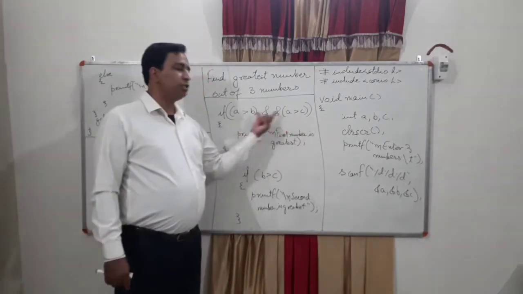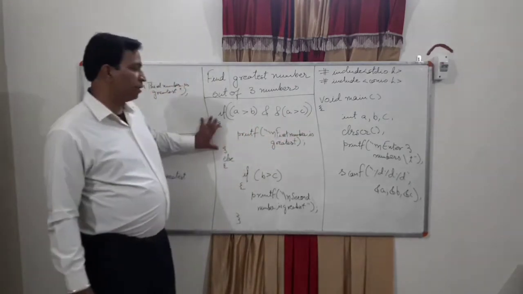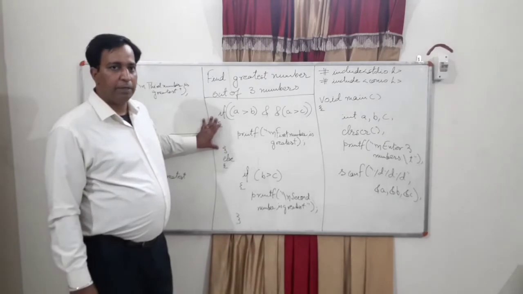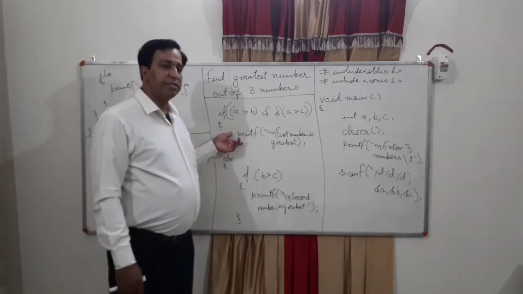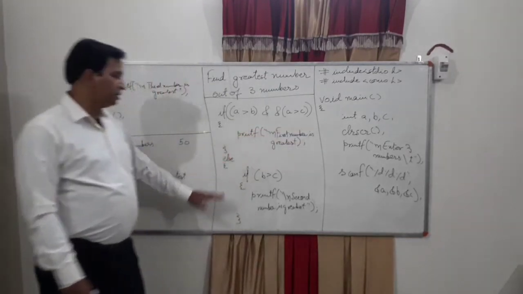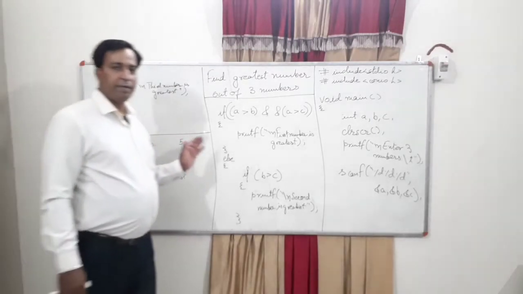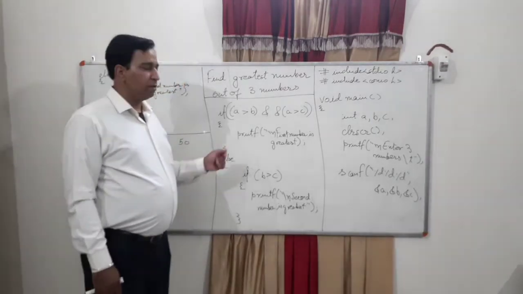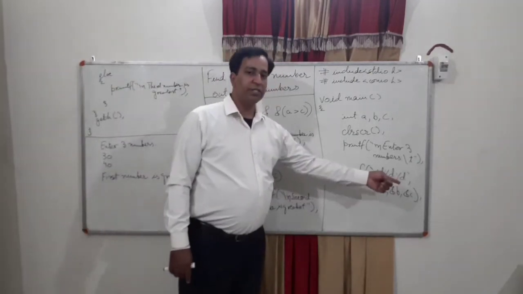If these both statements are true, right, then if segment will be executed, right? And in the if segment there is a printf statement which says first number is greatest, else will be discarded and program will exit. Okay, once again we have 3 numbers a, b and c.